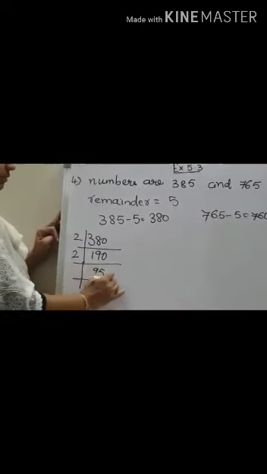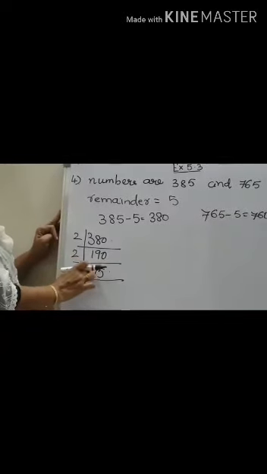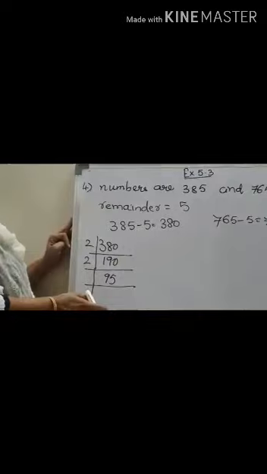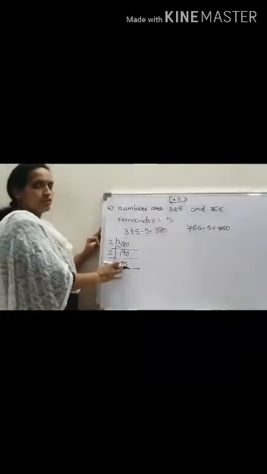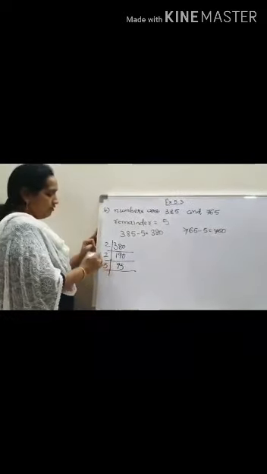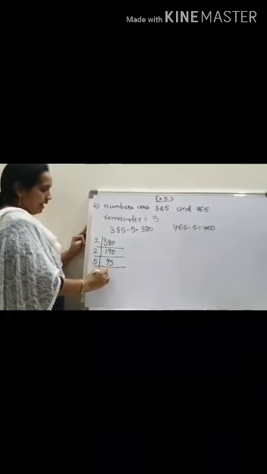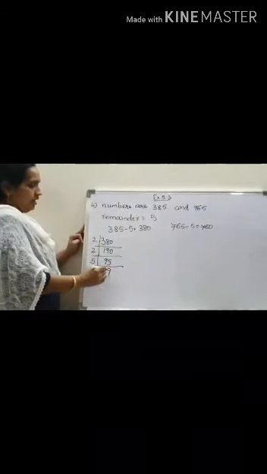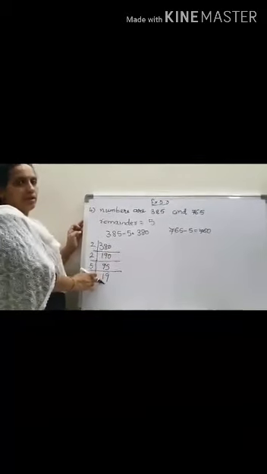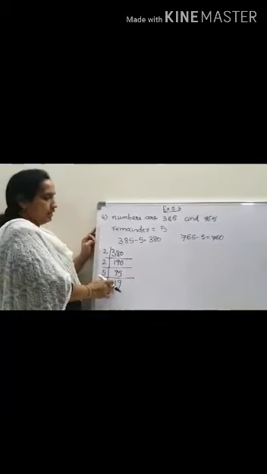Then it is not divisible by 2 because 5 is in the ones place. It is not divisible by 3 because 9 plus 5 is 14. So 5. The ones place is 5, so 5 19s are 95.